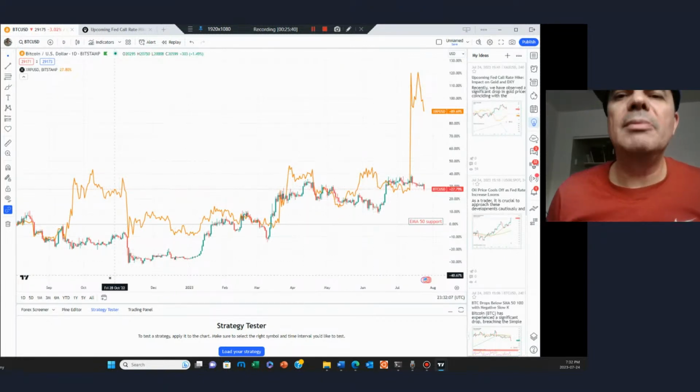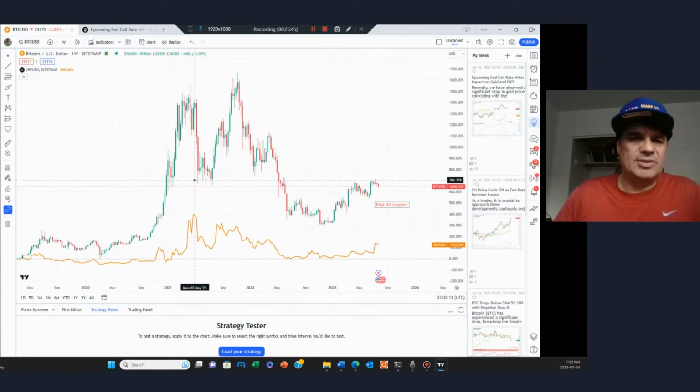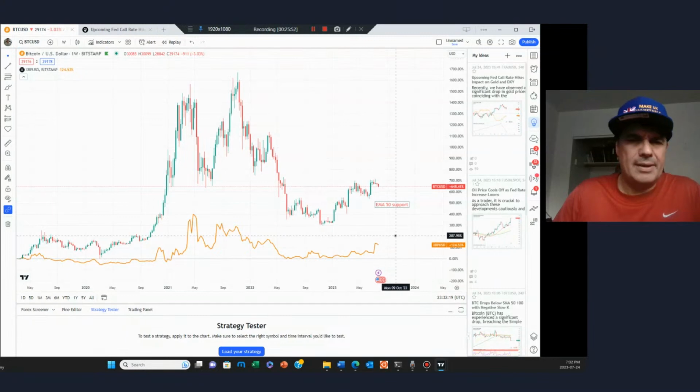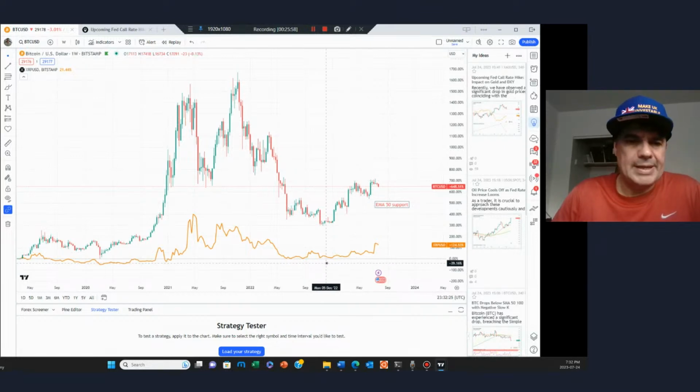But let me just go back 5 years here. Yeah, so lately, Bitcoin has always outperformed XRP. But lately, now that XRP is not going to be considered a security by the SEC, I do think that XRP long term will outperform Bitcoin.